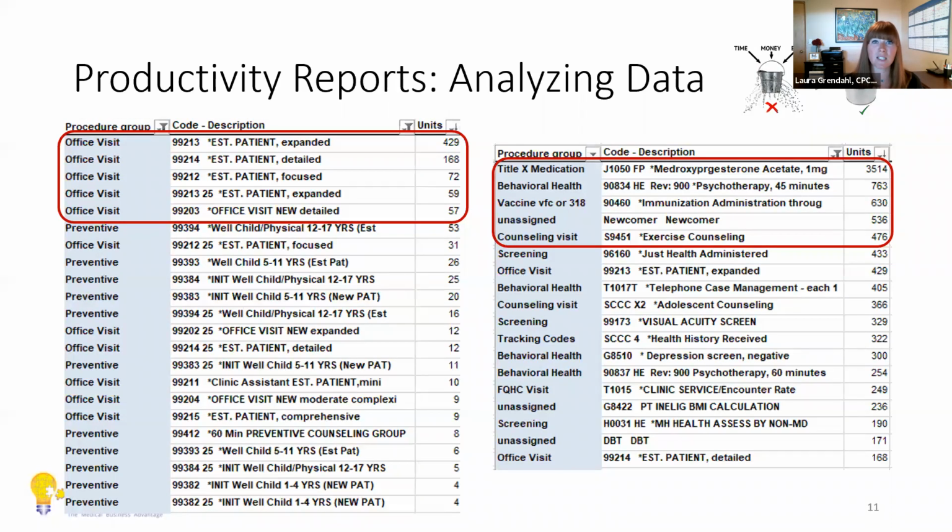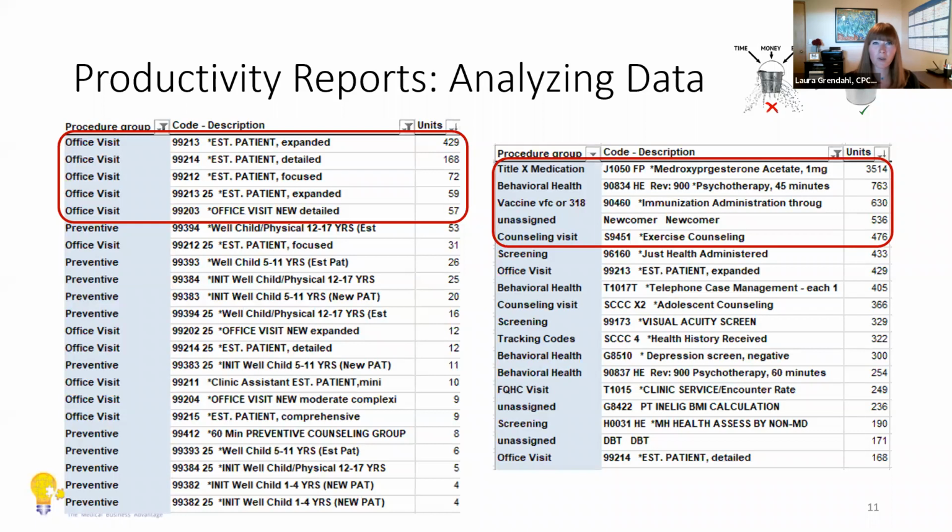But again, we're still seeing that the majority of their visits in general are those office visits. And we're really in the established patient, but we do have a significant amount of new patient visits at that 99203 level.